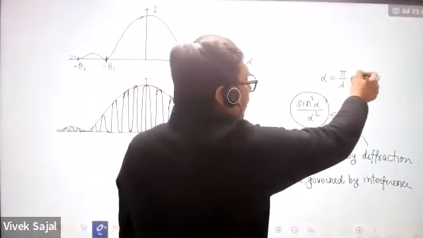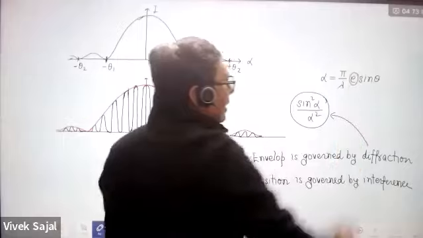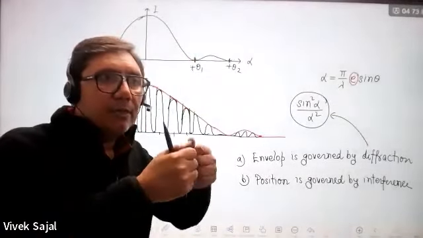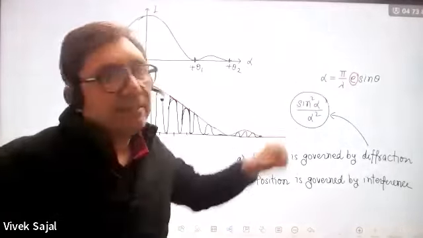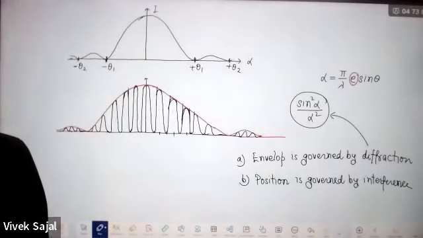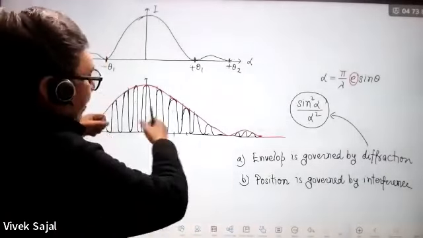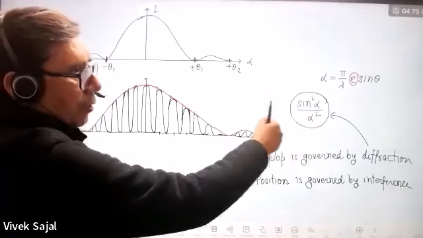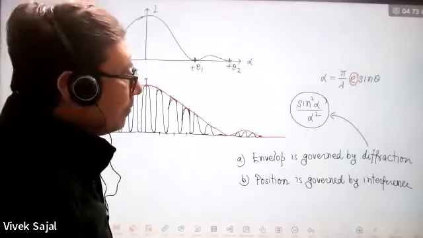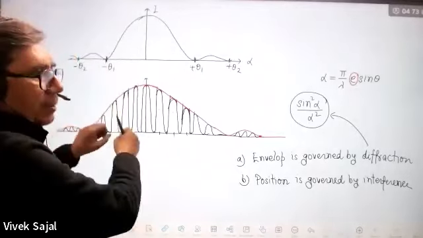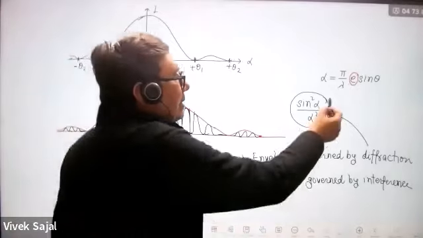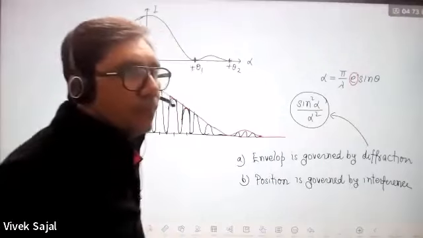So this width of the slit e is deciding this envelope. This envelope is going to shrink or expand as you change this e. As you change the width e of the slit, automatically this envelope is going to be enlarged or it will shrink. Okay? So how many interference maxima will lie inside this envelope? That is decided by this e also.